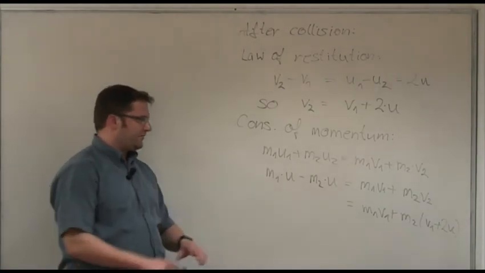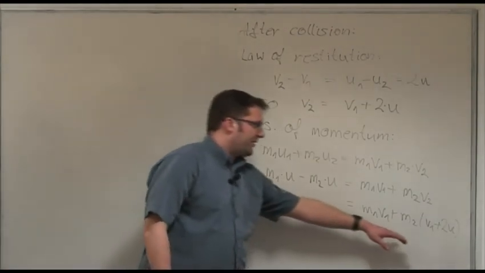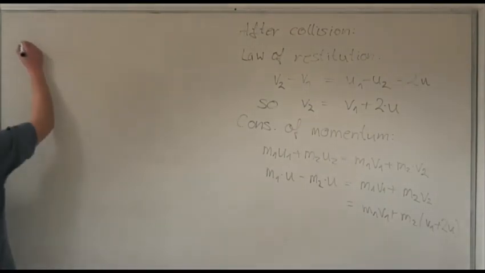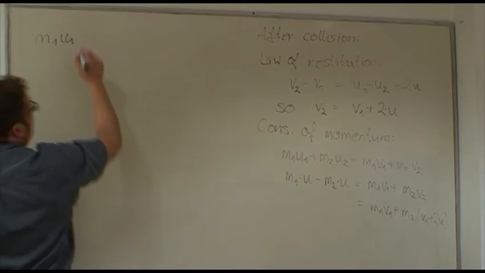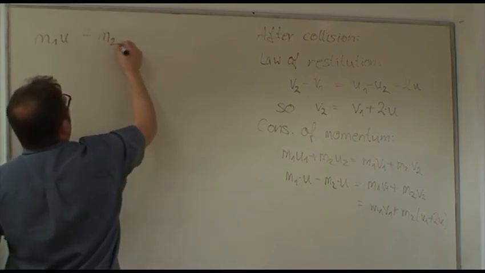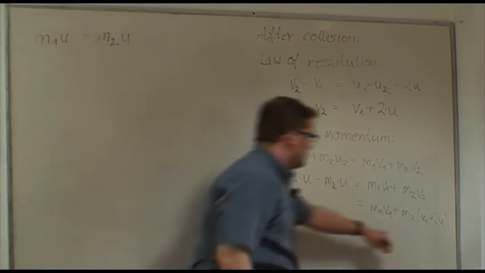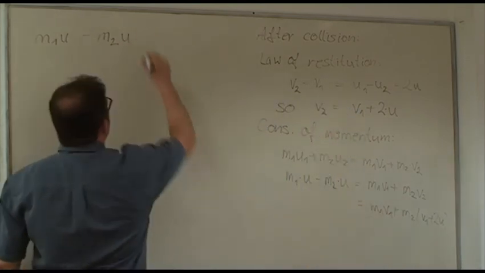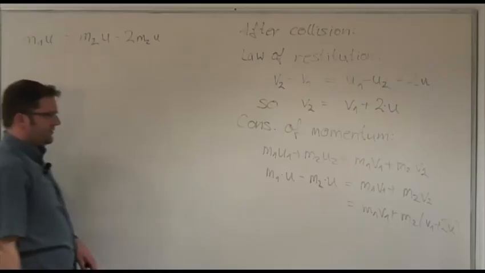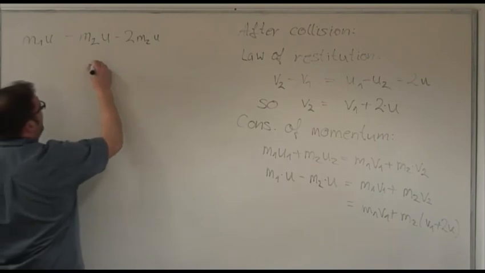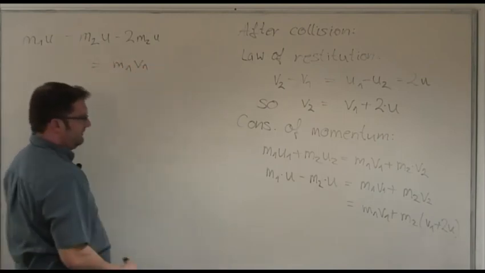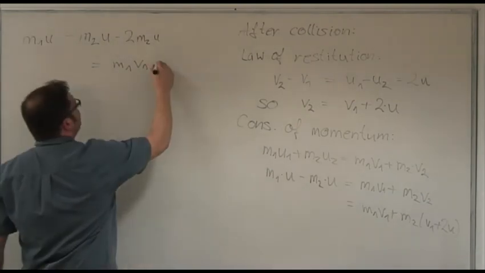Okay, I want to solve this equation for v1. So let me bring all the terms that don't contain v1 onto the left-hand side. I've got m1u, sorry, minus m2 times u. And here I've got a 2 times m2 times u. These are all the terms without v1. And on the right-hand side, I've got m1 v1 plus m2 v1.